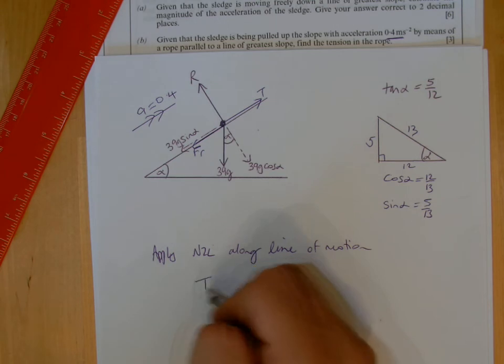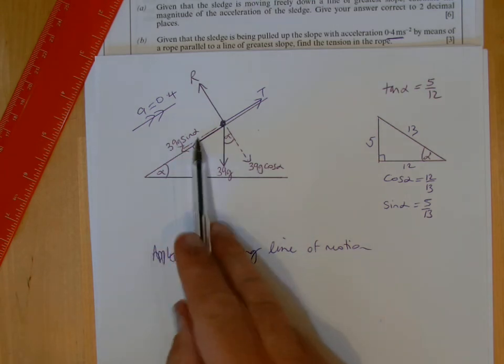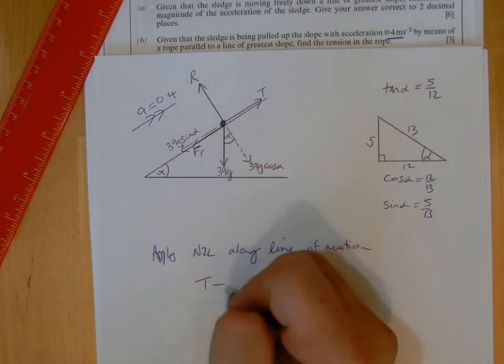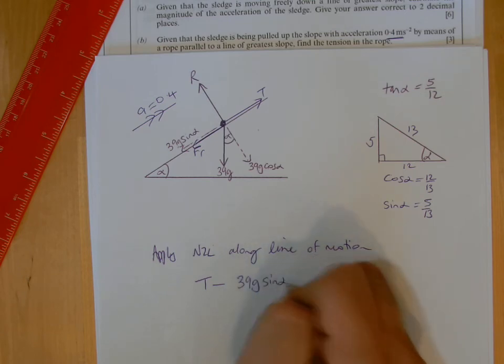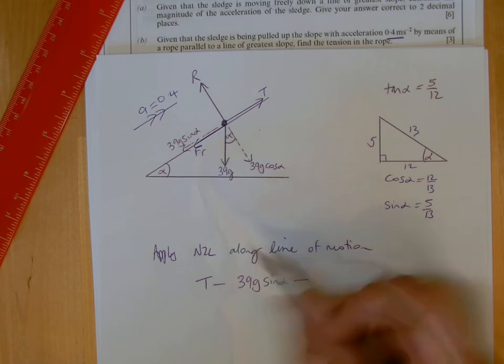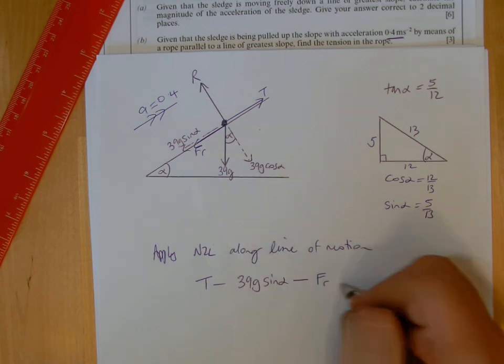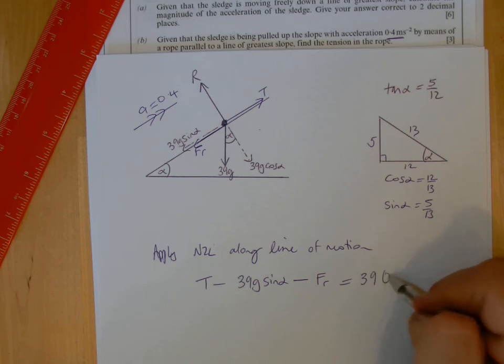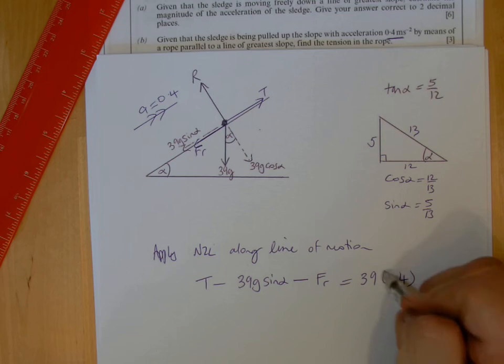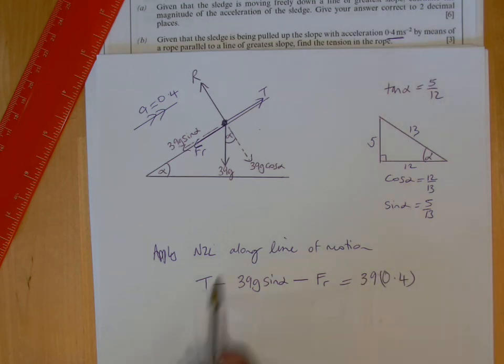So we'd have T, take away the 39g sine alpha, take away the friction, and that will equal the mass, which is 39, times the acceleration, which they tell me in the question is 0.4. So the tension, take away the resistant force, is equal to mass times acceleration.